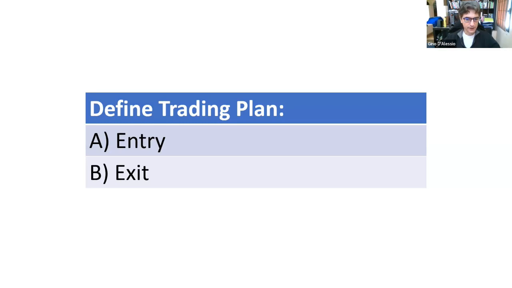Either you exit the trade for a profit or for a loss, but that exit strategy has to be defined in a set of rules. And so going back to the entry strategy, the entry rules must also be well defined. It's good practice to write these things down so that you know exactly what the rules defining entry and exit points are.